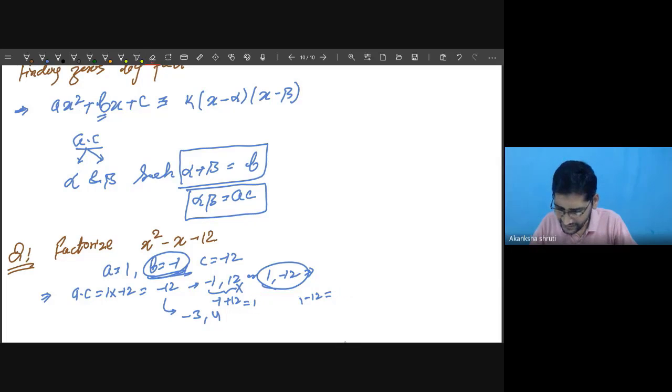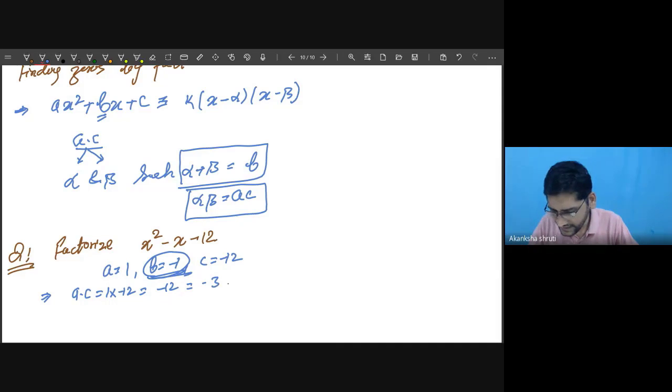So this factor pair is discarded. Now we take the other factors. We may take minus 3 and 4, or we may also take 3 and minus 4.